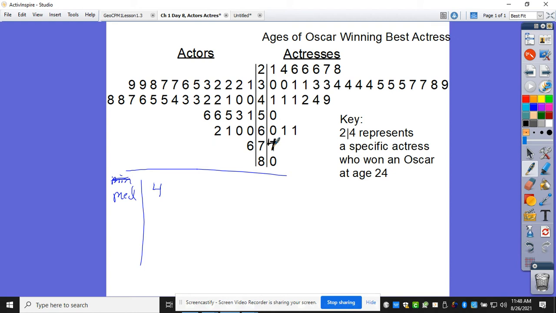Let me talk about in general, now that I finally shifted it. Without anything relating to our class, what does it mean about actors' age winning an Oscar versus actresses? They're usually older. Actors tend to win Oscars when they get older, whereas actresses tend to only win them when they're younger.